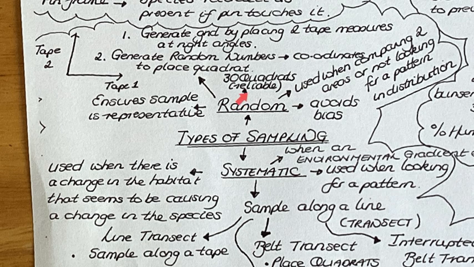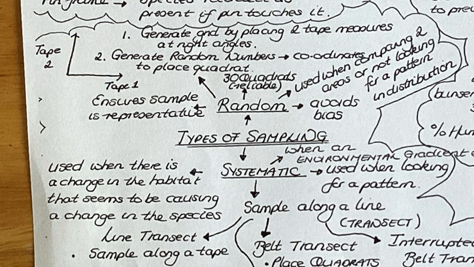So how do we do that? This is really clever. You put two measuring tapes at right angles to each other, and then you generate random coordinates using a calculator. So that's really clever.